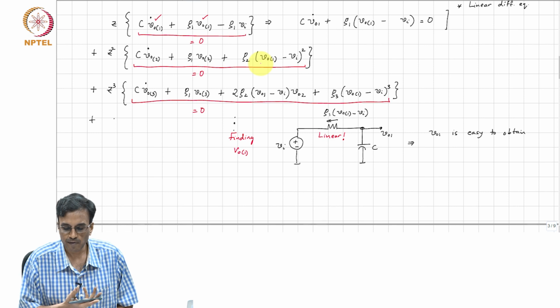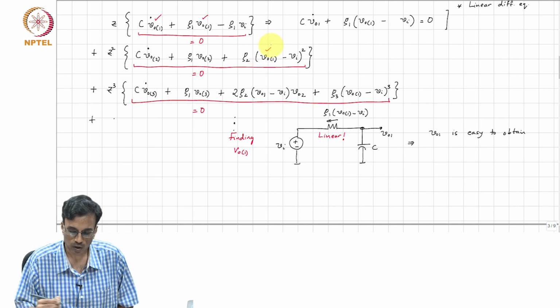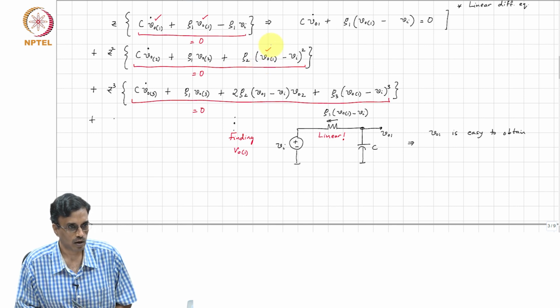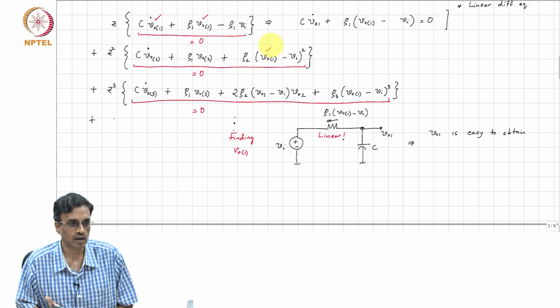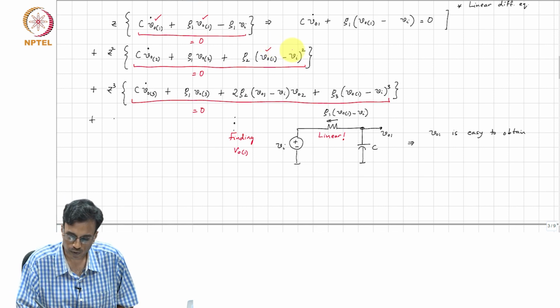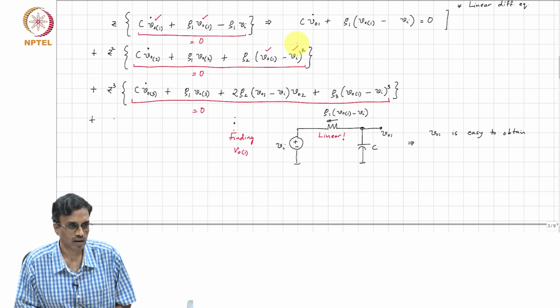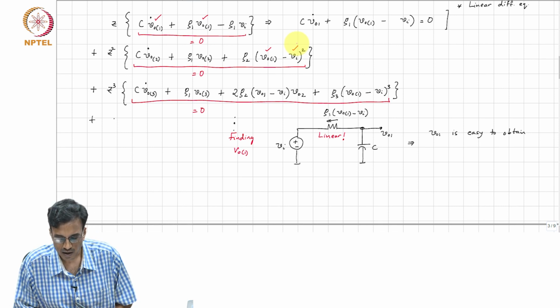From the previous step, we know V01, so V01 is known. What about Vi, is it known or not? Vi is the input, so Vi is known. Do you understand? So, what is unknown? Unknown is V02.